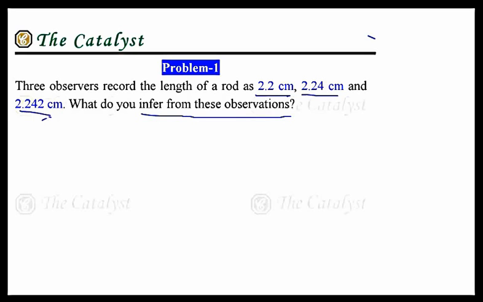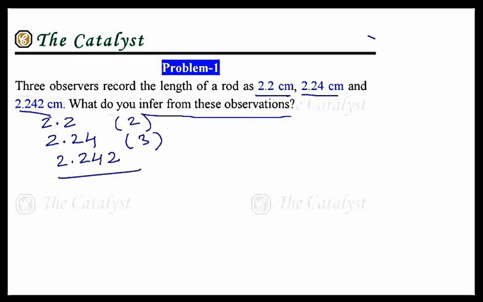First is 2.2, 2.24 and the third one is 2.242. Definitely the observations have different numbers of digits after the decimal place. This one has two significant figures, this has three, and this has four significant figures.